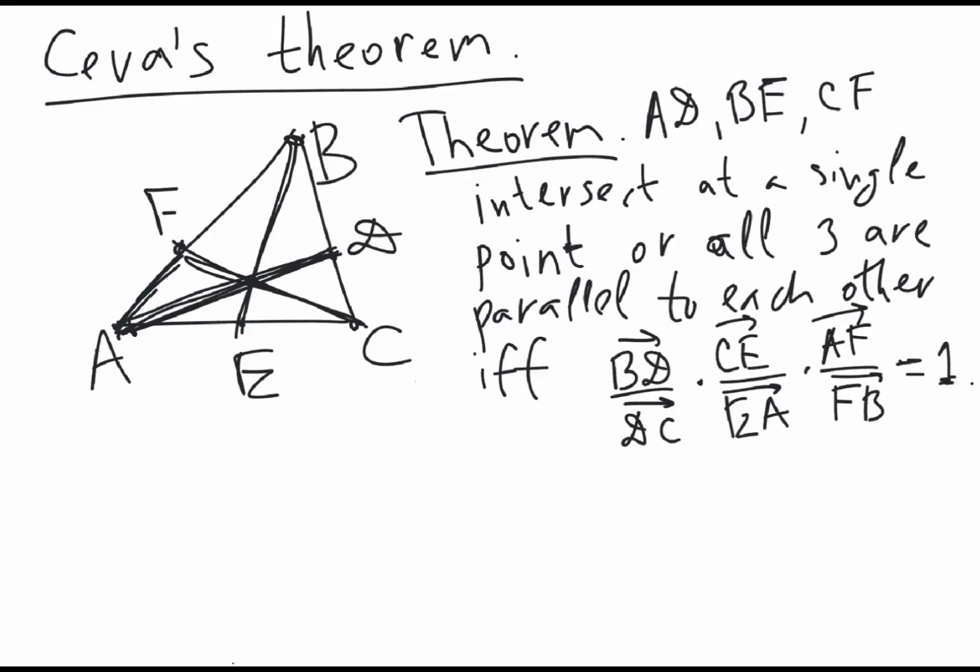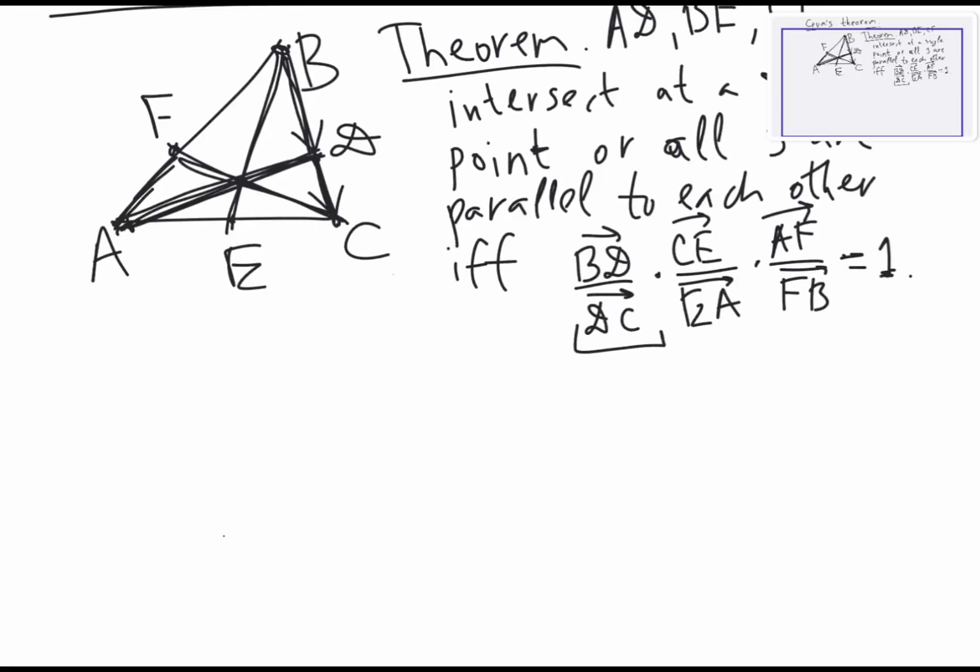So now about the ratios. Here notice that we take the vectors and not just the segments, and this is to capture the sign. Just to consider one of them to explain it in more detail: BD over DC, these two vectors.